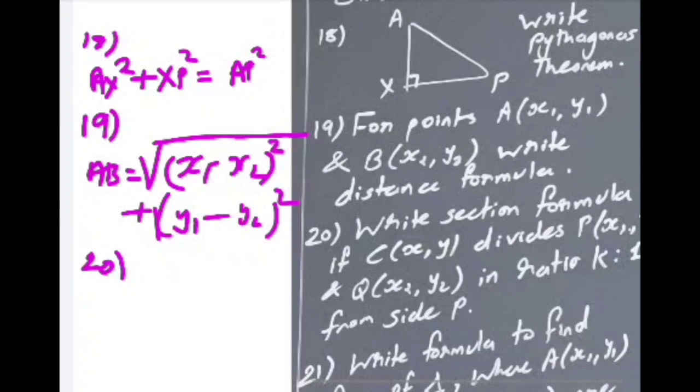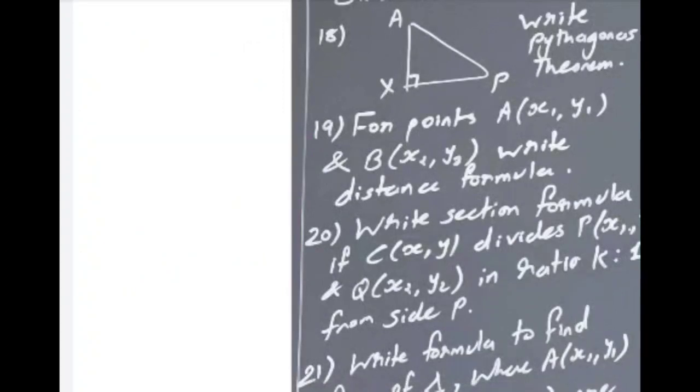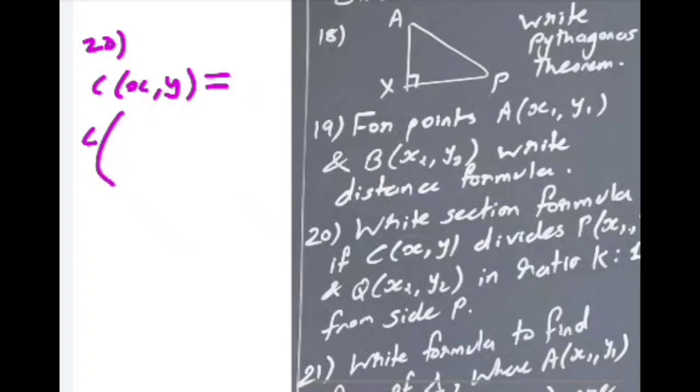Write section formula. Okay, so let's write the section formula. Now see here, C(x, y) divides, so write C(x, y), that is equal to C in bracket, in the ratio k is to 1.